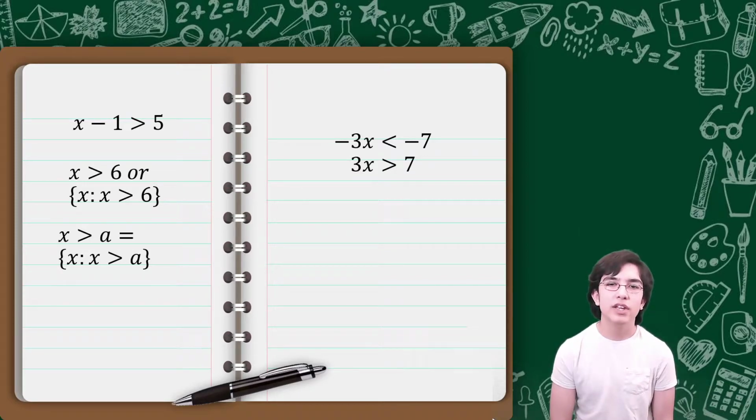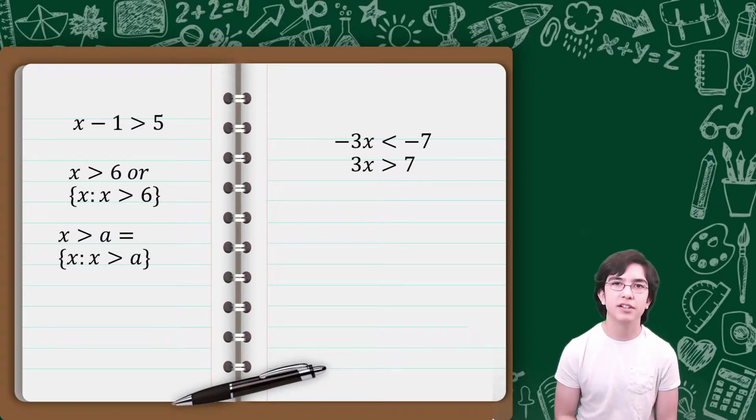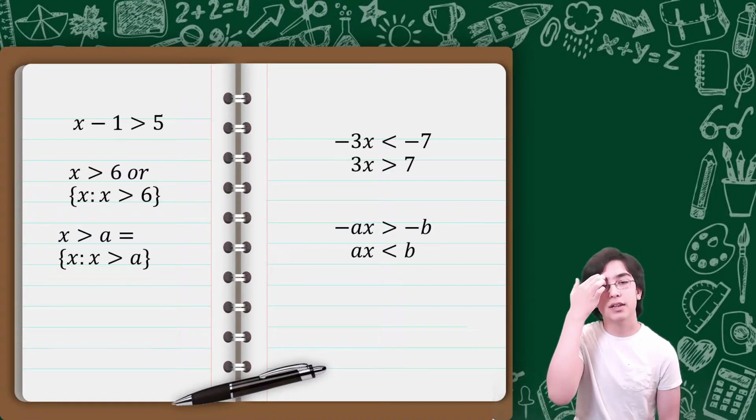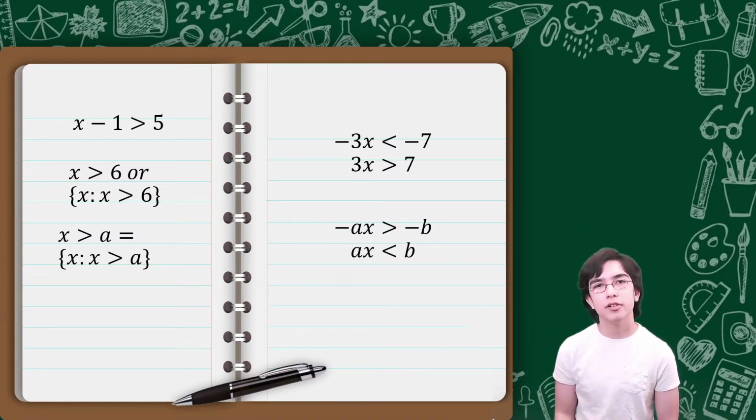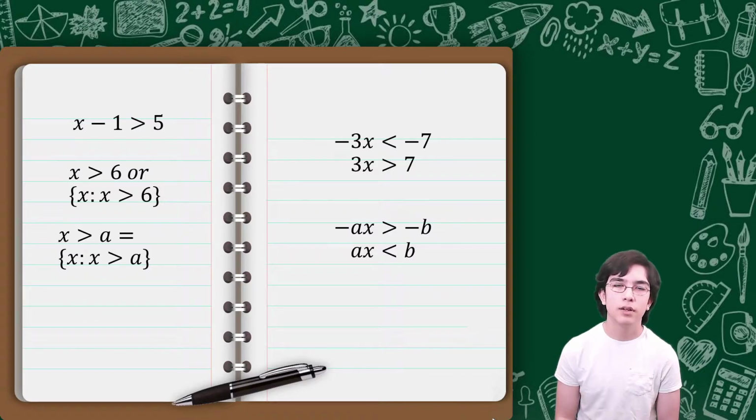But if you take 15, it is larger than 7, so you have to flip the sign around when you're changing negatives to positives. Like that: minus something x is greater than minus something, so something x is less than this thing from before.